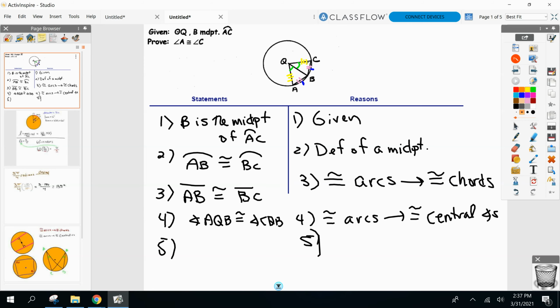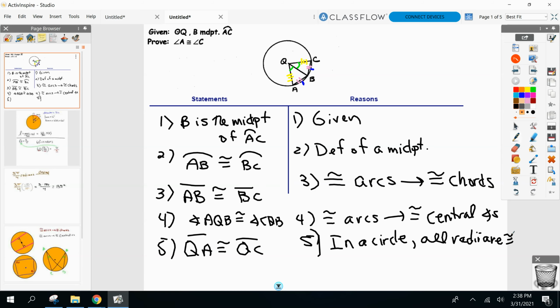You would need to go through, and I'm going to keep going here. I'll put that down. QA congruent to QC in a circle. I gotta have that little statement there: in a circle, all radii are congruent. If you do not have "in a circle" and just write all radii are congruent, that's a false statement. Not every single radius known to man is congruent to each other.